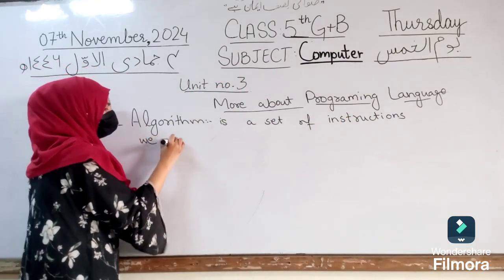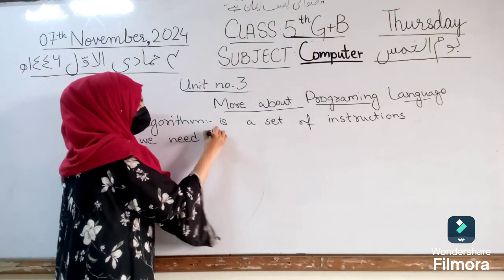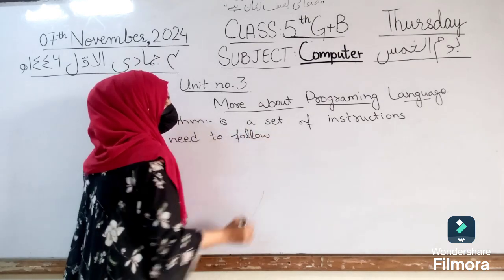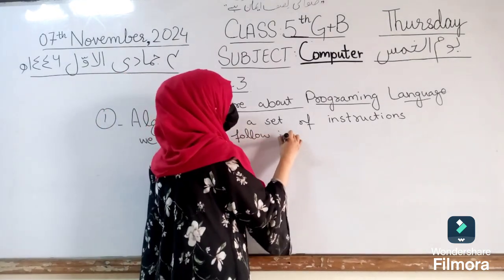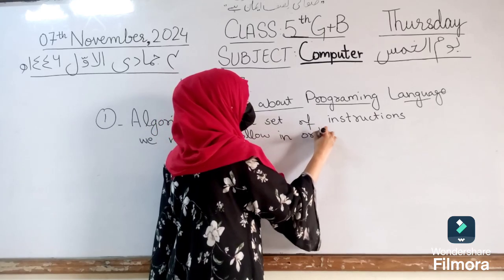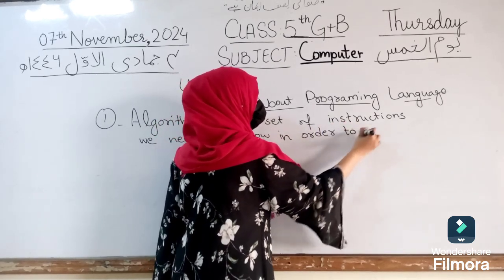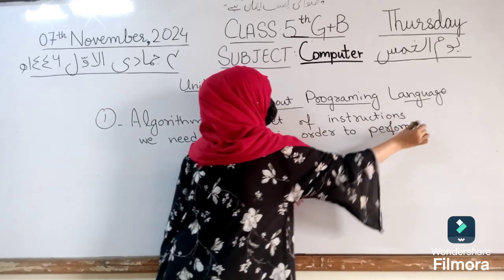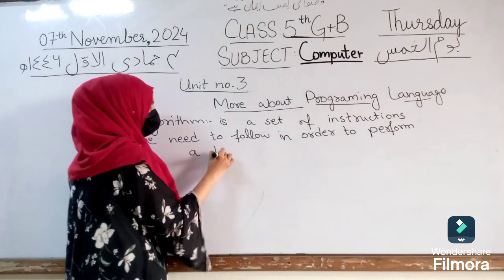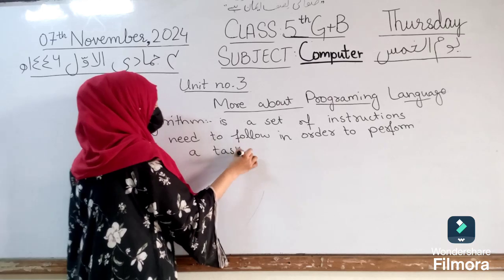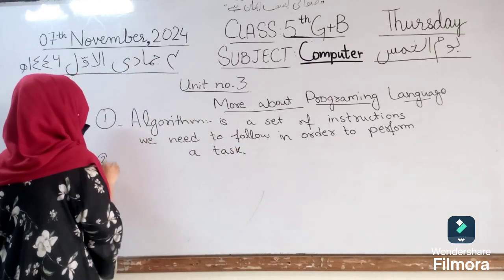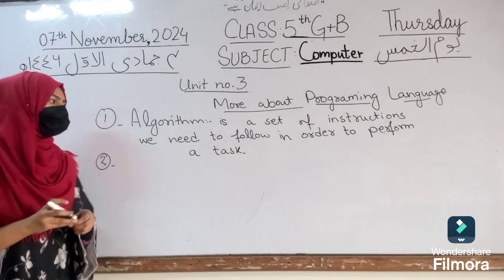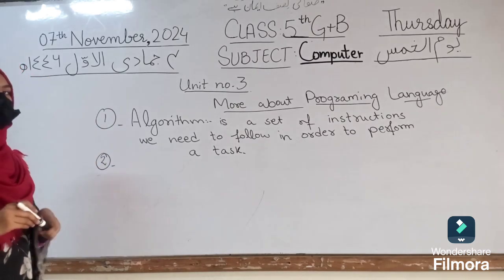we need to follow in order to perform a task. Very good. Now, who will tell me what is the definition of flowchart? Raise your hands. Very good. Eric, stand up. Tell me what is the definition of flowchart?